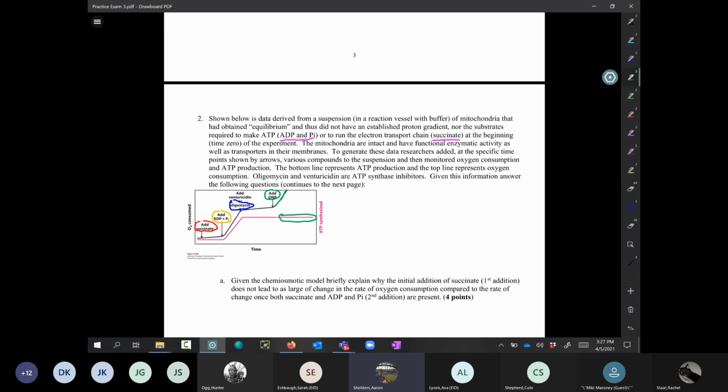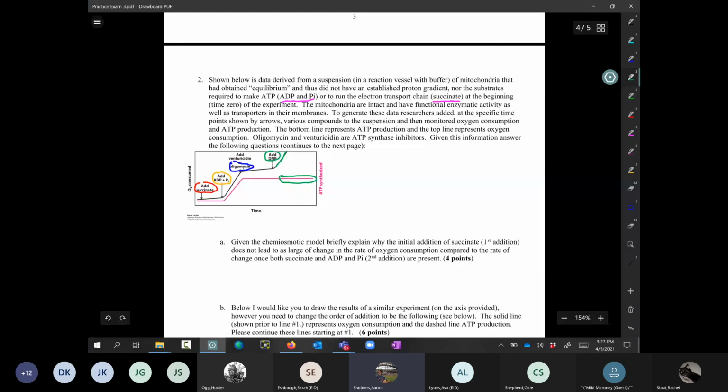Okay, so when we look at this, it says, given the chemiosmotic model, briefly explain why the initial addition of succinate does not lead to as large a change in the rate of oxygen consumption compared to the rate of change once both succinate and ADP and inorganic phosphate are present. Okay, so I have already explained that. Essentially, you have to have both processes, electron transport chain and ATP synthase, running to do this.